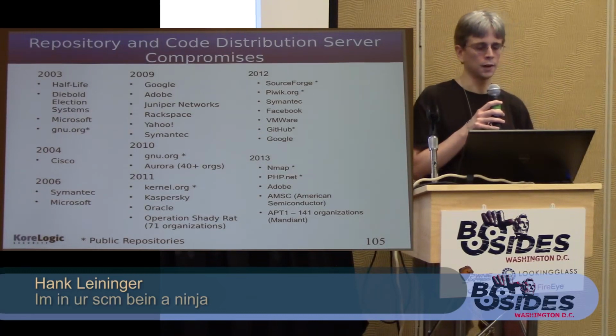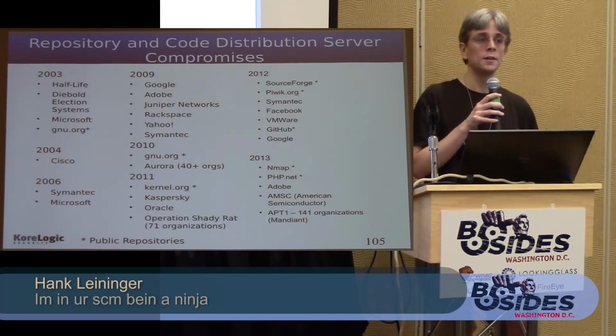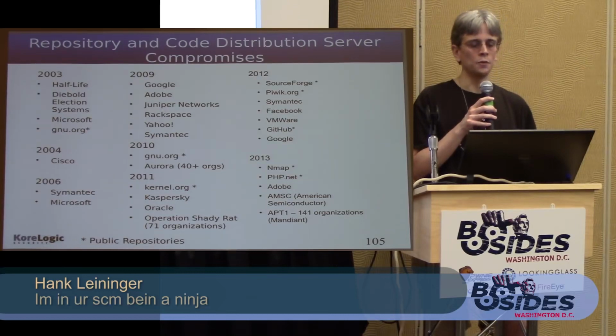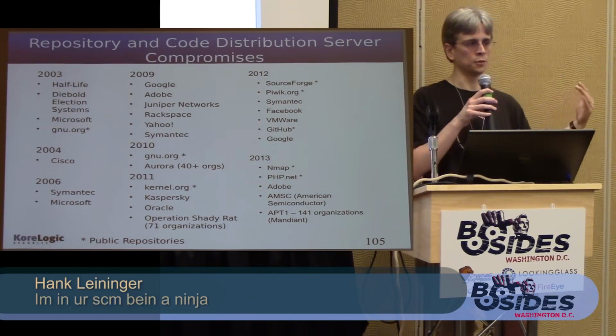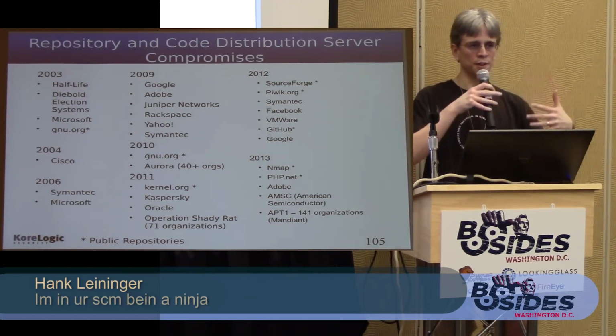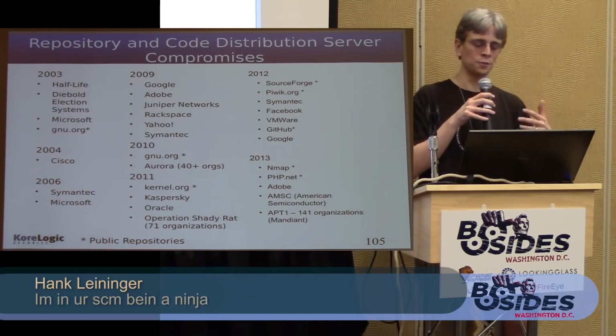And GitHub, I kind of made reference to this earlier. There was a Ruby on Rails bug that allowed authentication bypass in Ruby on Rails web apps or something like that. And the guy who discovered this was trying to report it to the Ruby on Rails people, but there was some friction politically. It was one of those great situations where everybody gets along really well and everybody has everybody else's best interests at heart.